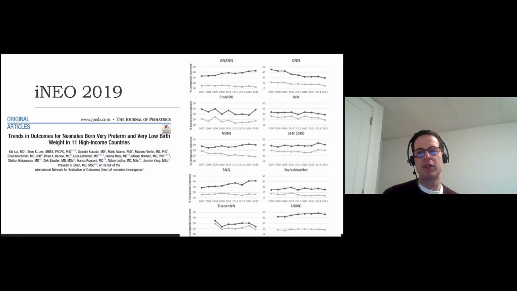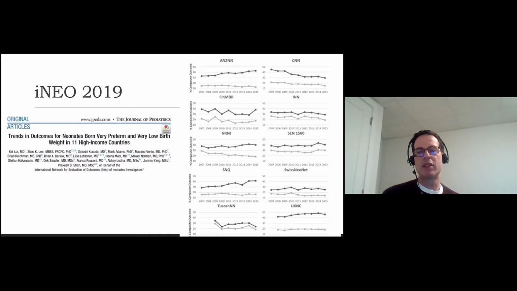What they found was that only 2 countries, Israel and the Canadian Neonatal Network, on the top right, demonstrated a sustained improvement in their outcomes over time. You can see from the top right graph that the bulk of the improvement was in reduction of BPD. Now, what's the difference between all of these places? The UK is on the bottom right.